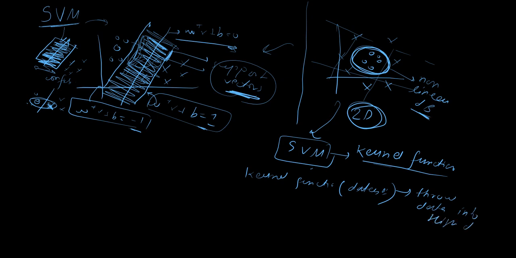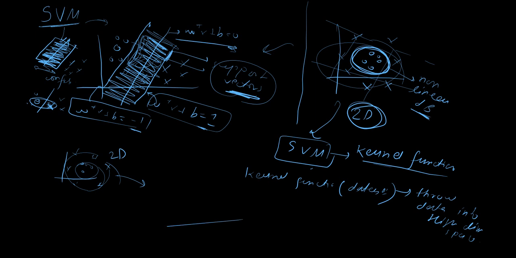What I mean by this, imagine we take the same case. We have this two-dimensional data set, one circle of one class and another circle of the other class. After the kernel functions employed by the SVM work on this whole data set, they project it into three-dimensional space.